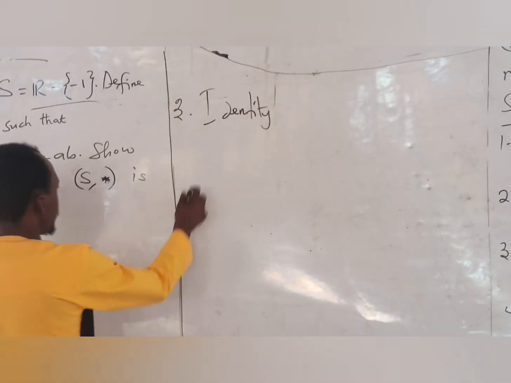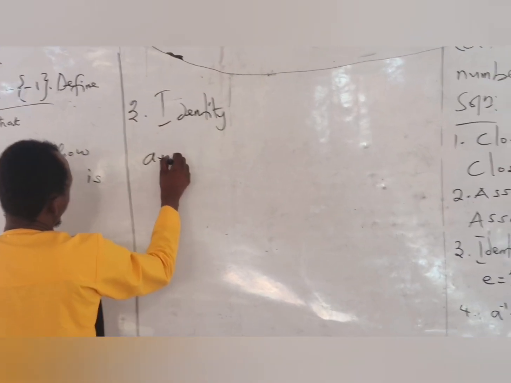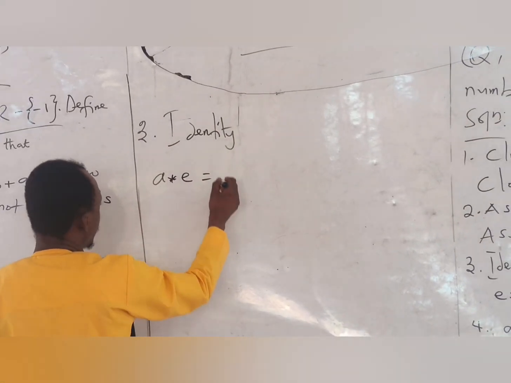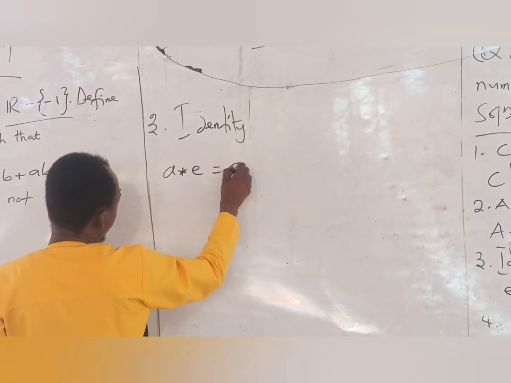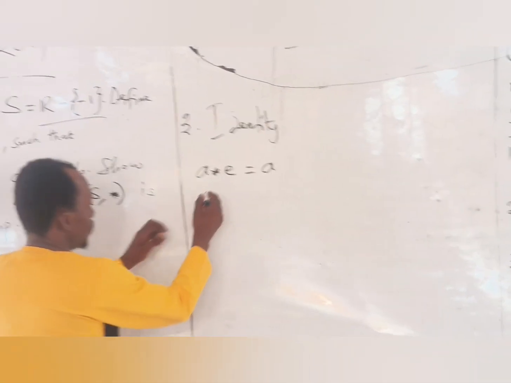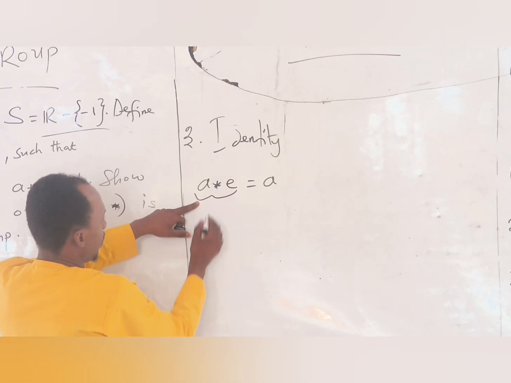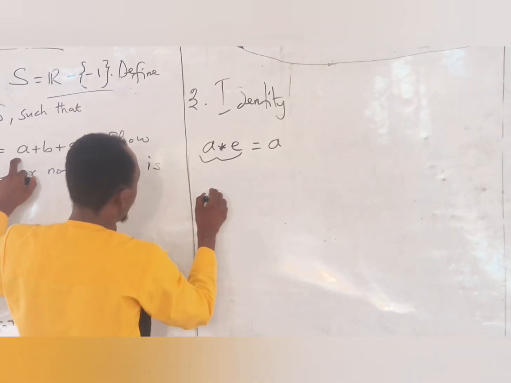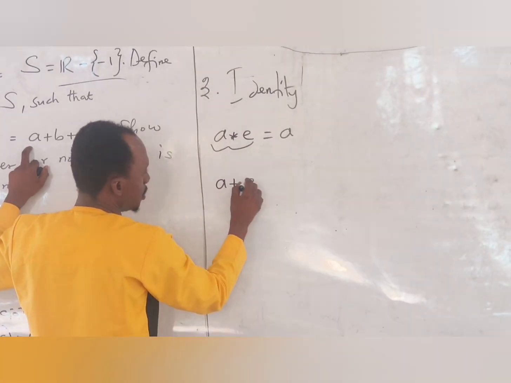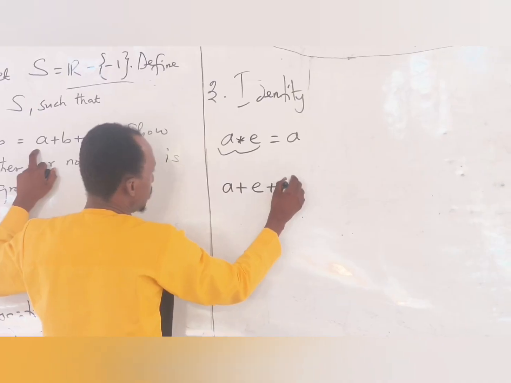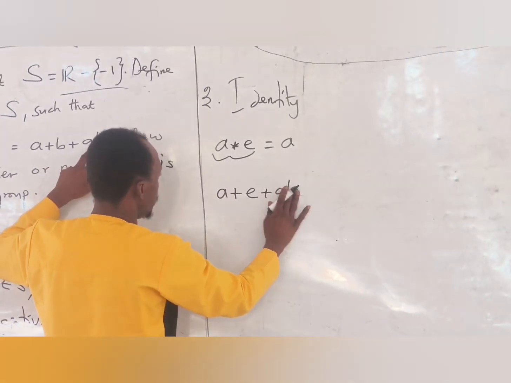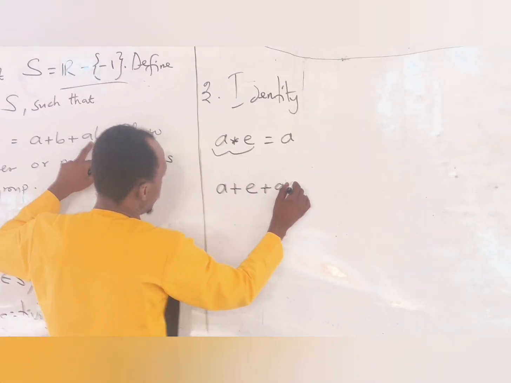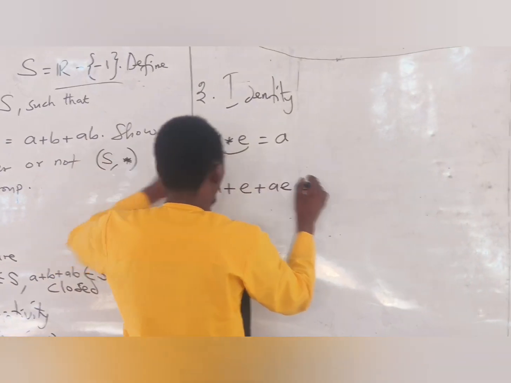So A operation E, what they call the what? A. So let's define this. A operation E. The definition is what? A plus what? Plus what? AE, sorry. It's not AB, it's AE. Thank you. It's equal to what?